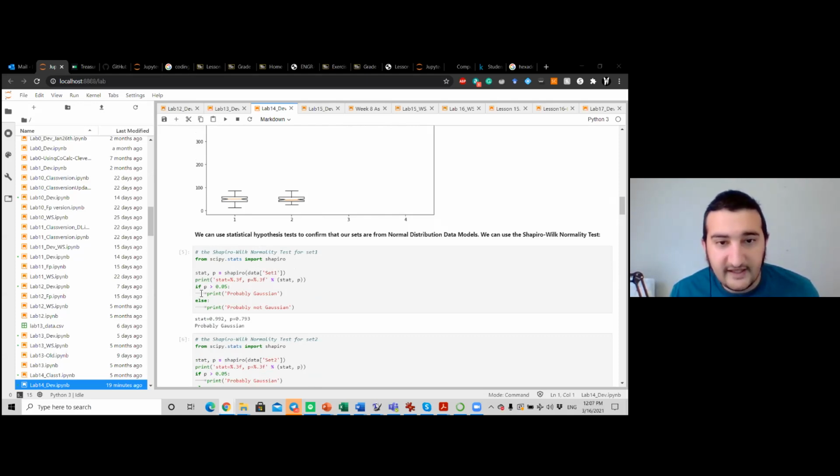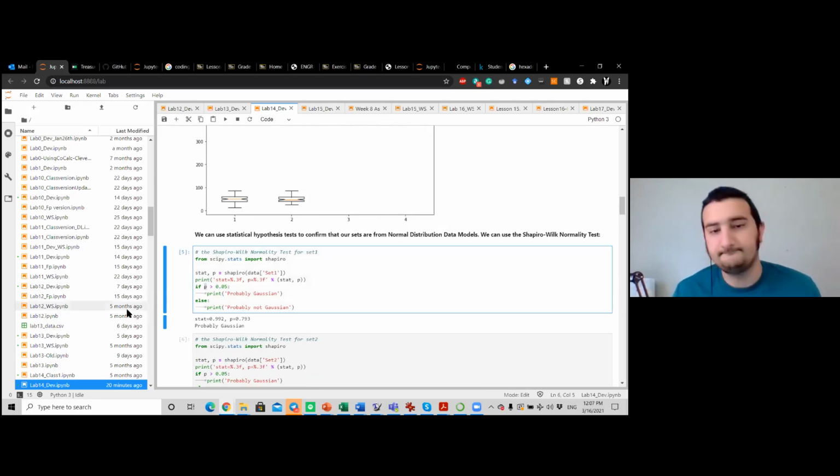And I'm going to say, if my p is greater than 0.05, I'm going to conclude that this is probably a normally distributed set, or probably Gaussian, or else not. So what is p?